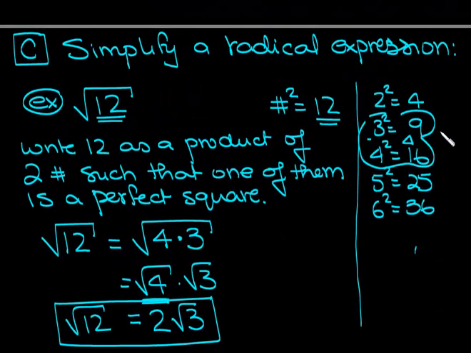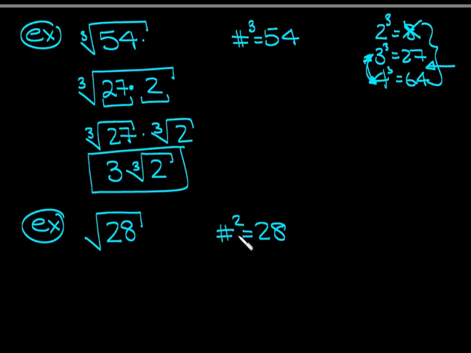So if you think about it, 28 lives here between 25 and 36. There's no integer between 5 and 6 whose square is going to be 28. So I know that's not going to work. Okay, so there's no such number. So now ask yourself, can I find two numbers such that the product of that is going to give me 28, and one of them is a perfect square?